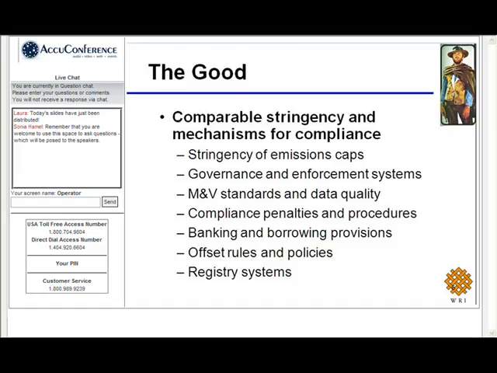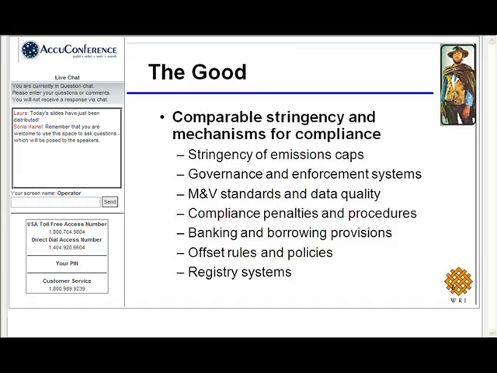But there are other ways to enforce compliance, such as taking away from allocations in future commitment periods, or other things like denying companies access to government contracts and things of that nature. So you can have some differences between systems in what the compliance penalties are, and the procedures, and the timelines for enforcing compliance.